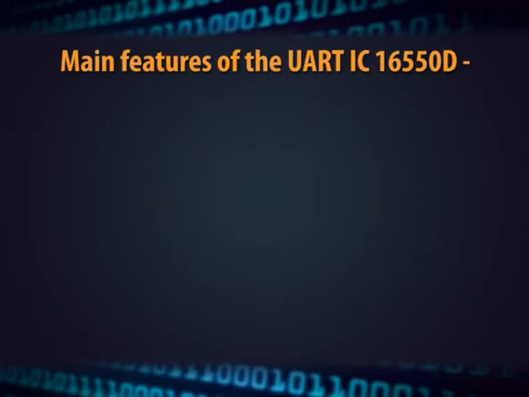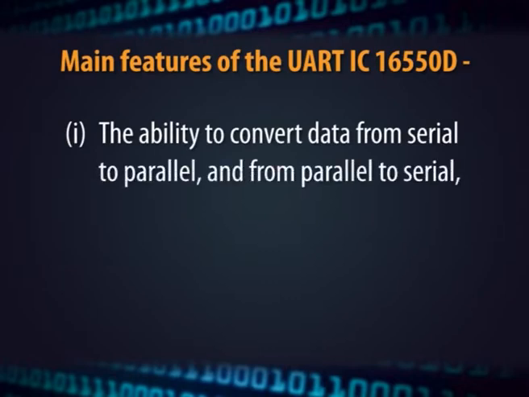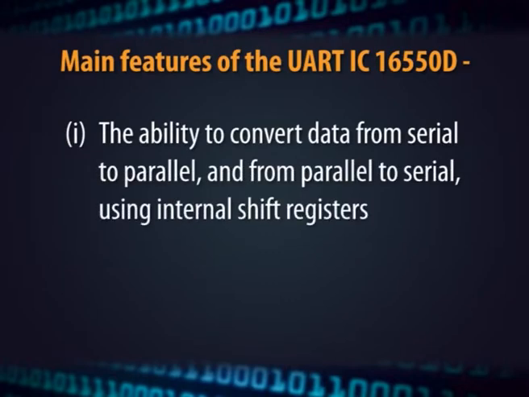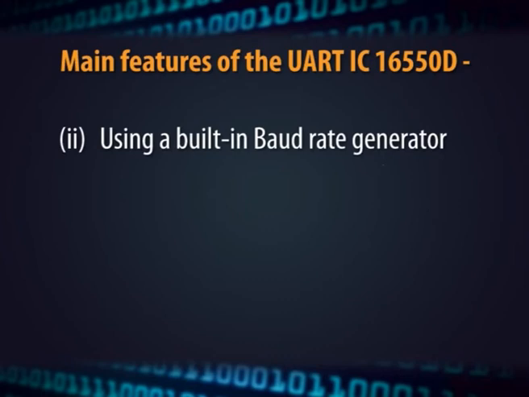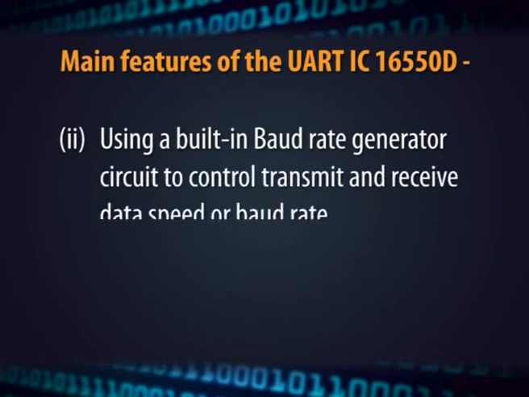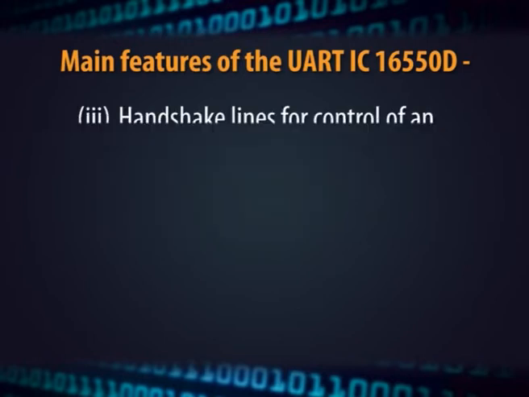Main features of the UART IC 16550D are: 1. The ability to convert data from serial to parallel and from parallel to serial using internal shift registers. 2. A built-in baud rate generator circuit to control transmit and receive speed, or baud rate. 3.